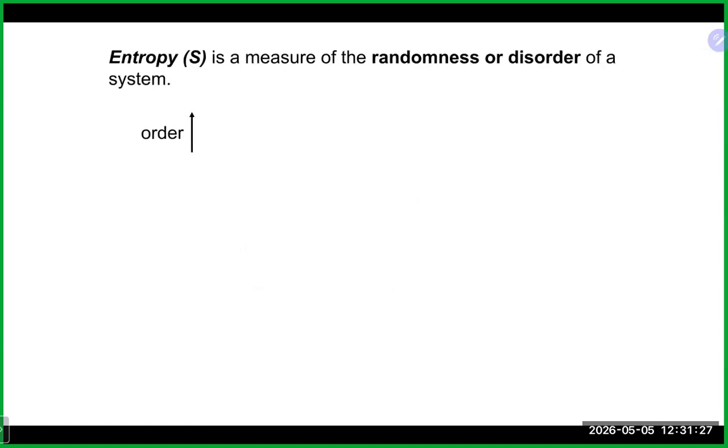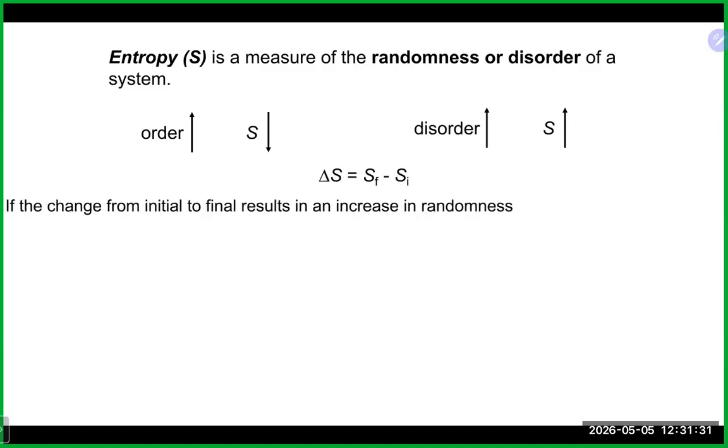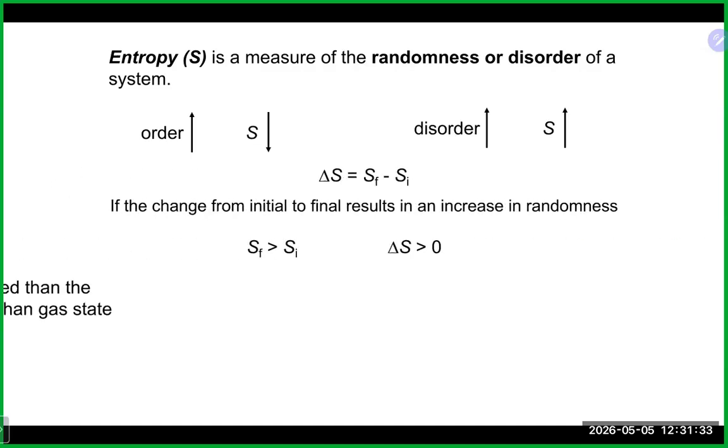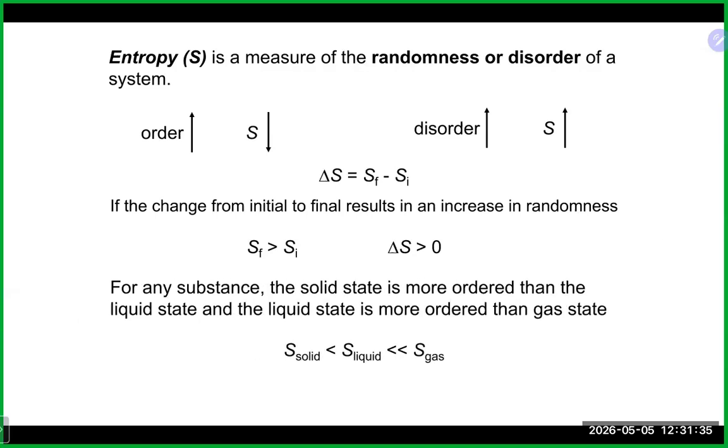One of the other thermodynamic properties we could look at to help us decide whether or not a reaction will be spontaneous is what is known as entropy. Entropy is S, and often we see it as delta S, which is the change in entropy.